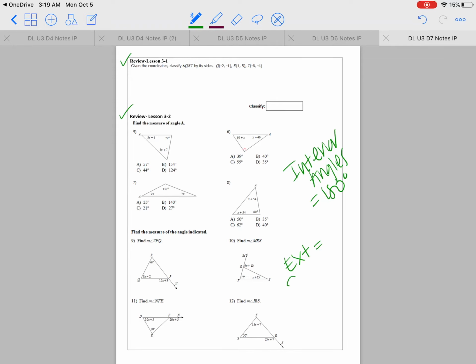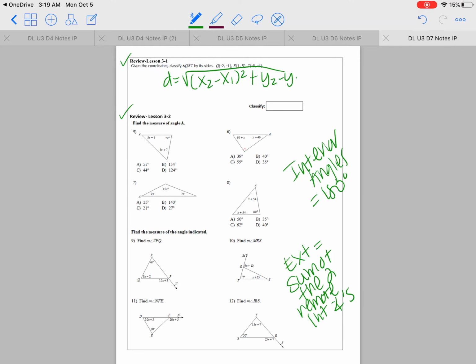And the exterior angle equals the sum of the two remote interior angles. And on this one, make sure you know you have to use the distance formula so that you can come back and find the lengths of this triangle, QRT, and then you can classify it.